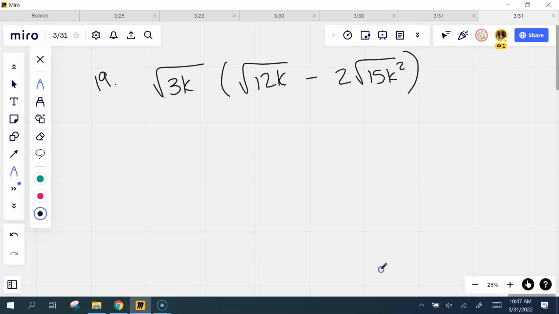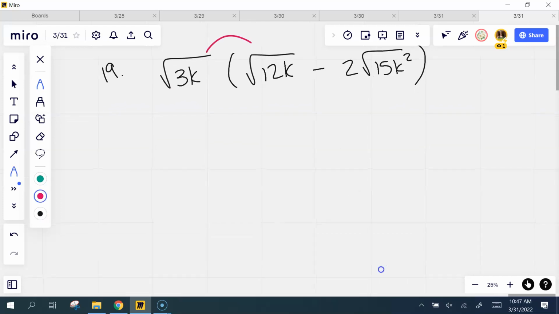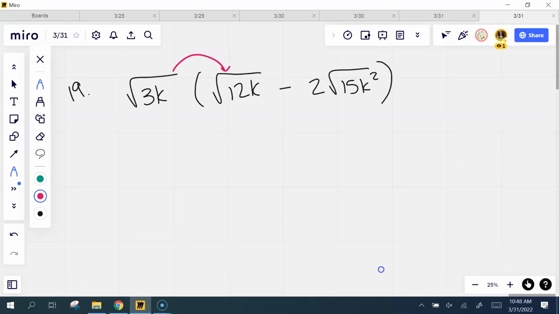That's completely up to you. I'm probably just going to go ahead and distribute through. What is the square root of 3k times the square root of 12k? The square root of 36k squared. You all with me there? If they're the same and you're multiplying and they're both under the radical, yes.